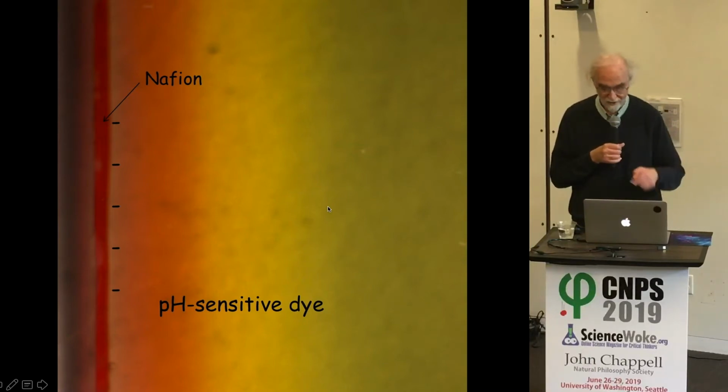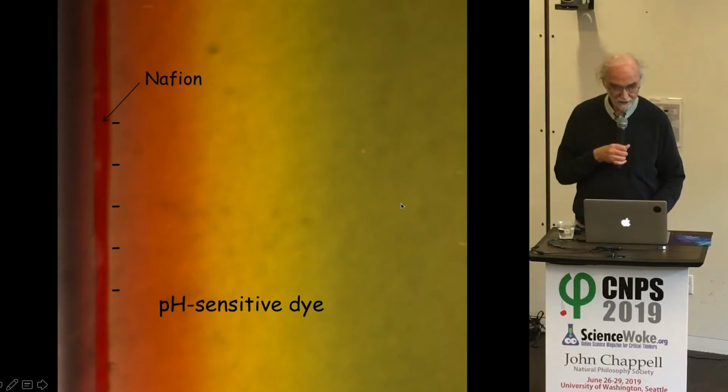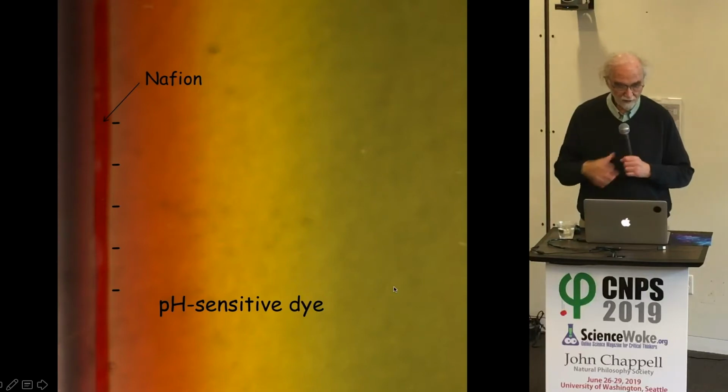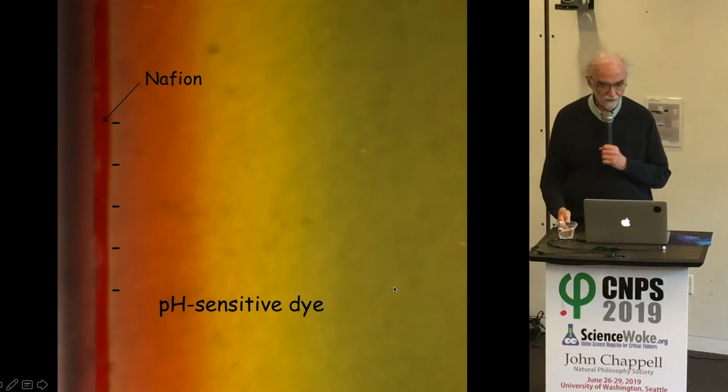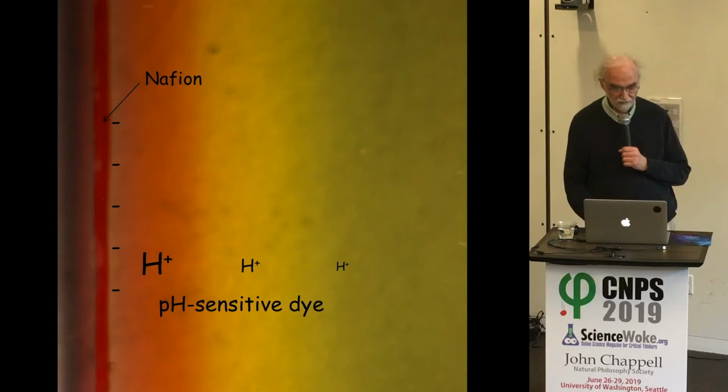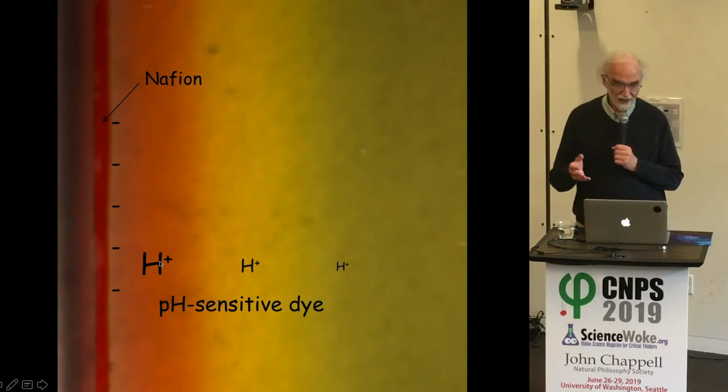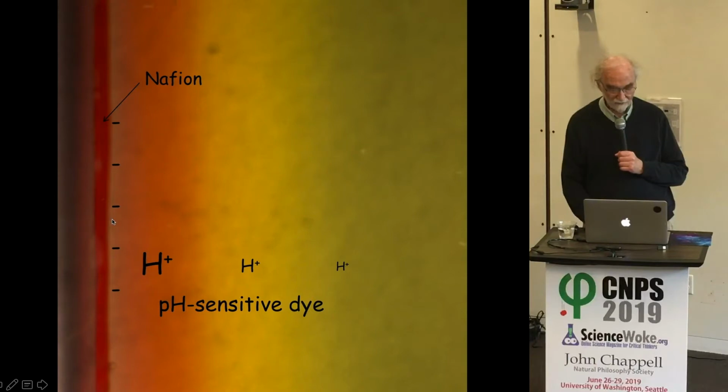Well, the evidence is right here in front of you, because this is a pH-sensitive dye, and the color orange corresponds to a pH of 3 or less. So this is just full of positively charged protons here. Indeed, it looked as though this was a tenable hypothesis, because we got negative charge here and positive charge here.